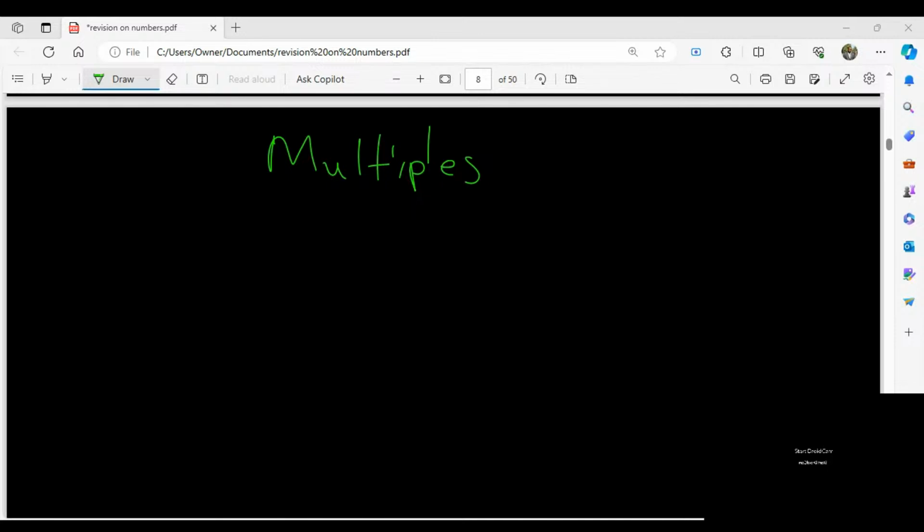We say that multiples are numbers into which a certain number can enter without leaving a remainder. So let's look at a few problems concerning multiples.